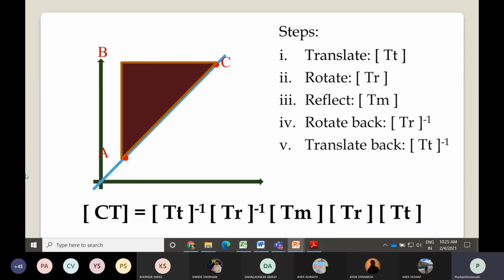Now, as this is a line, the coordinates of A and C will remain the same. Now, if you take the mirror image, so when you find out this CT, if you put the values of A and C, you will get again the values of A and C only.